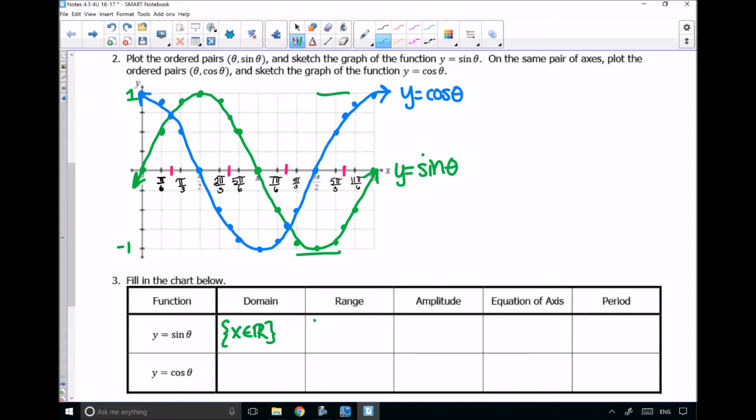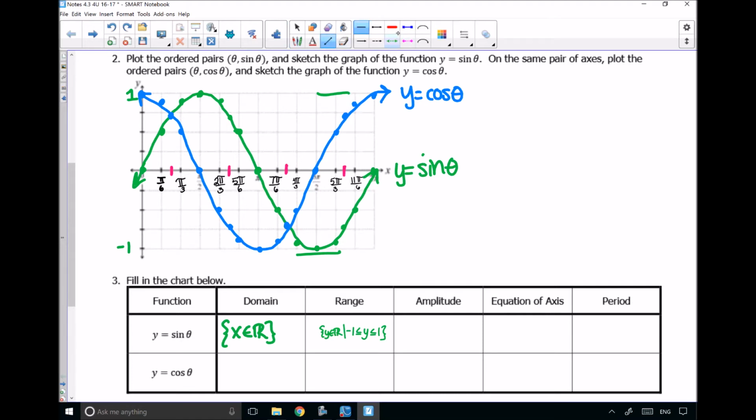So our range is going to be y is an element of the reals, but y is going to be between -1 and +1. It can't be anything less than -1, and it can't be anything more than +1.